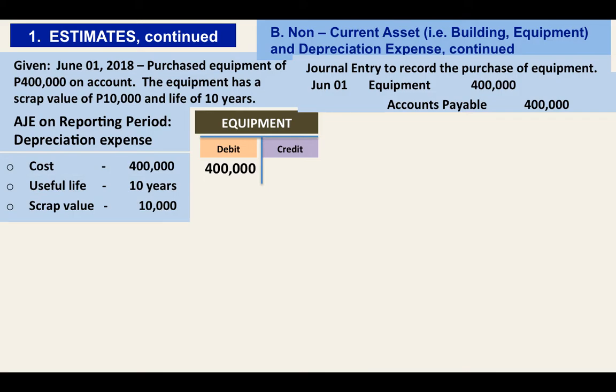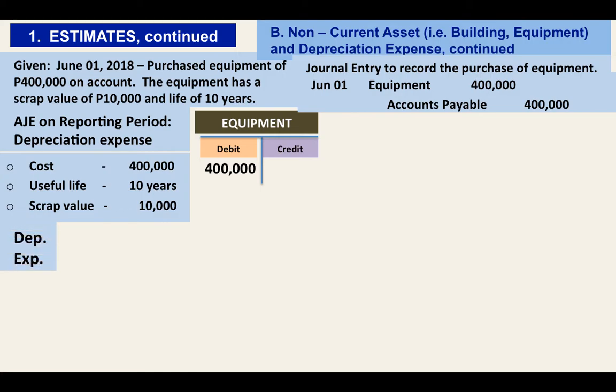So in computing the depreciation expense, we need to know the cost, the useful life, and the scrap value. In this case, our cost is 400,000, our useful life is 10 years, and our scrap value is 10,000. By the way, class, may mga problems na walang scrap value.